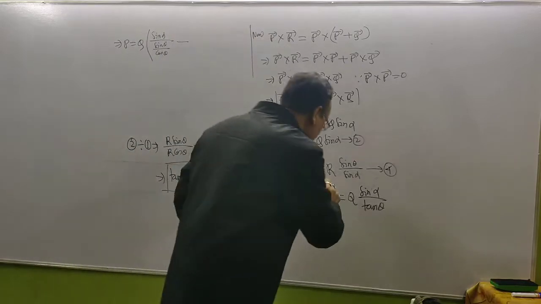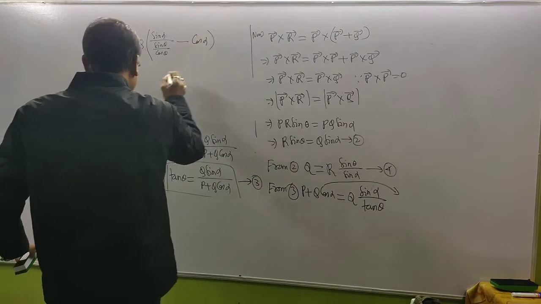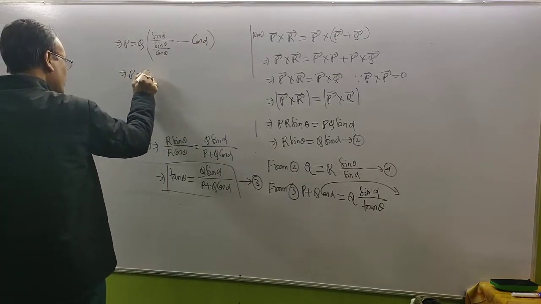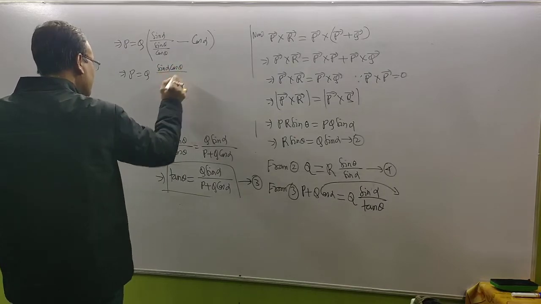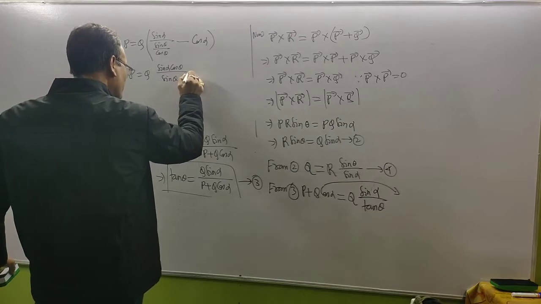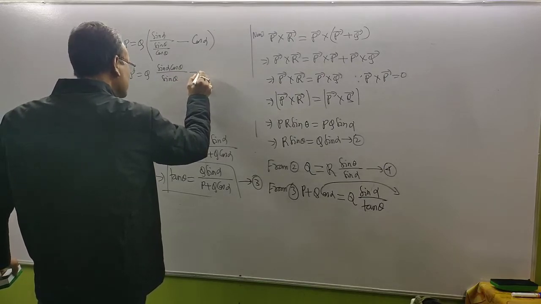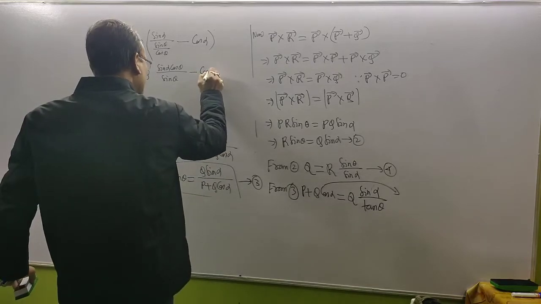Minus, take it to the right and say cos alpha, you may write here cos alpha. Or P equal to Q sin alpha cos theta divided by sin theta minus cos alpha.